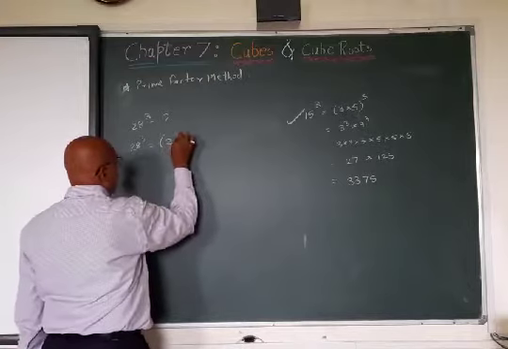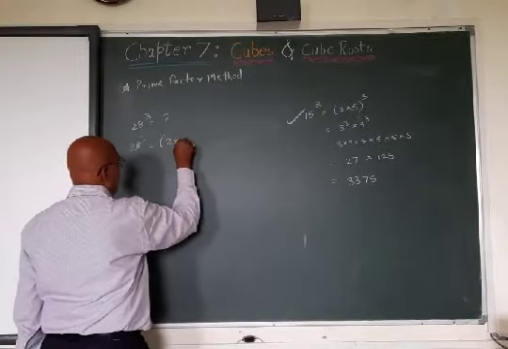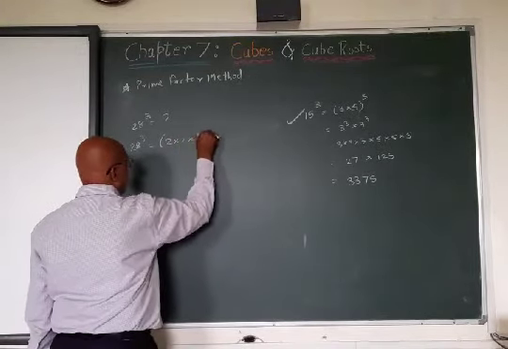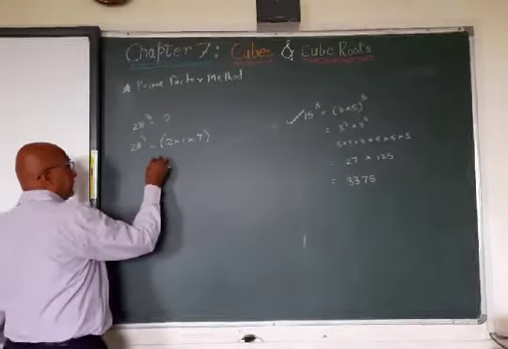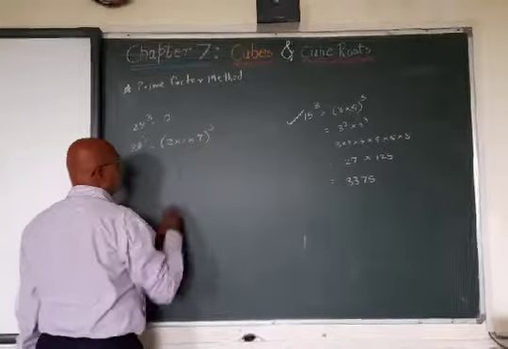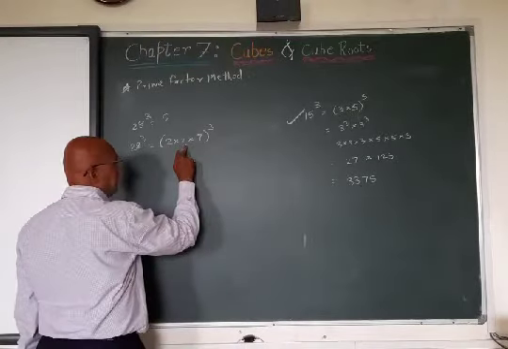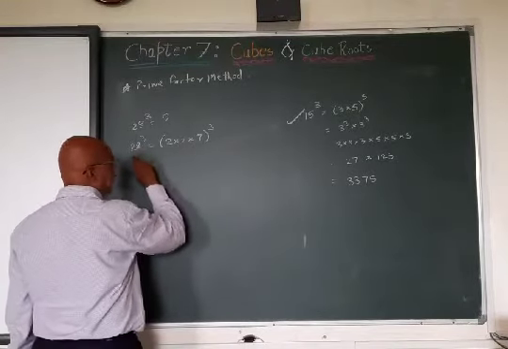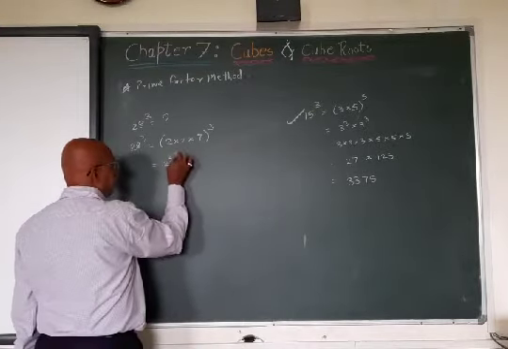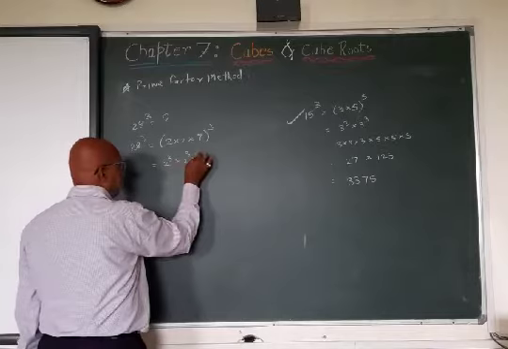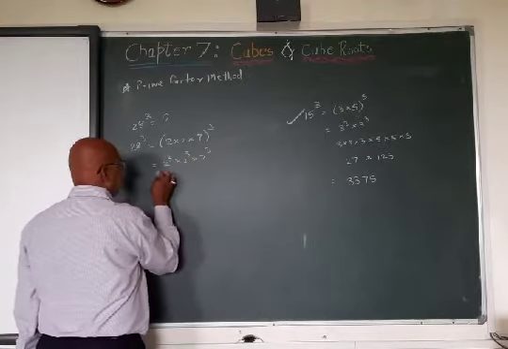It will be 2 into 2 into 7. So cube of that. 7 2s are 14, 14 2s are 28. Then 2 cube into 2 cube into 7 cube.